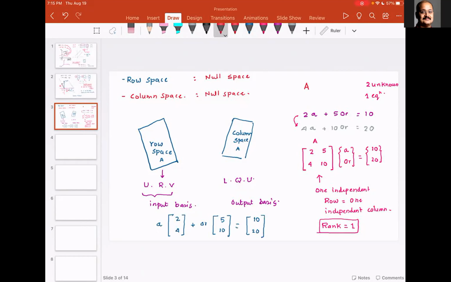The first vector is x equal to 2, y equal to 4. Second vector 5, 10. So both these vectors are on top of each other, which means the span of these 2 vectors is a single line. You don't have a full span. They are in the same line, so they don't span the plane.